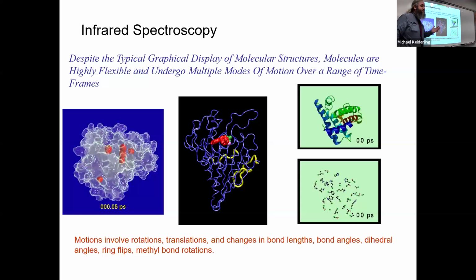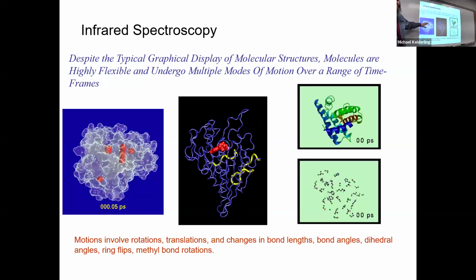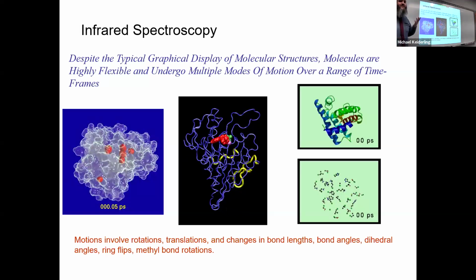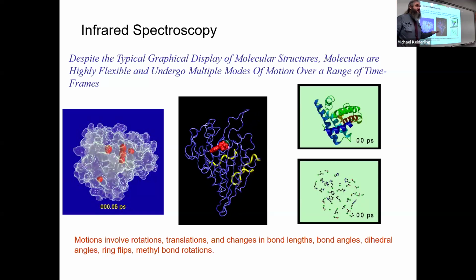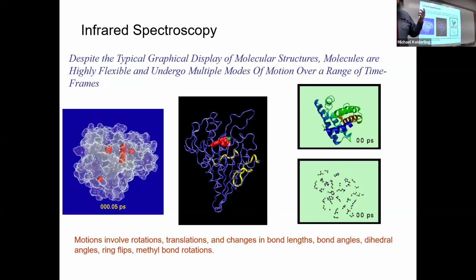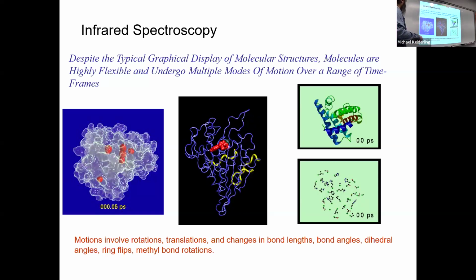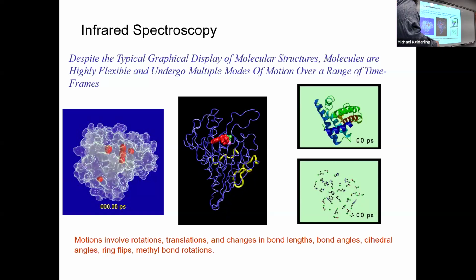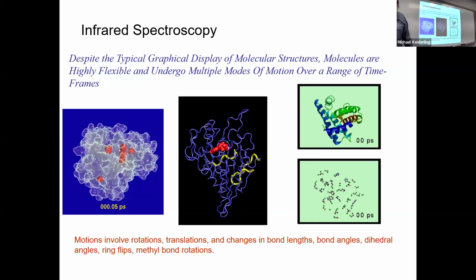So typically we represent molecules with very rigid representations, but they're actually very flexible. They can wobble, they can rotate, and they can do this over a range of time frames. For big complicated molecules like proteins, there are lots of ways they can flex and bend.